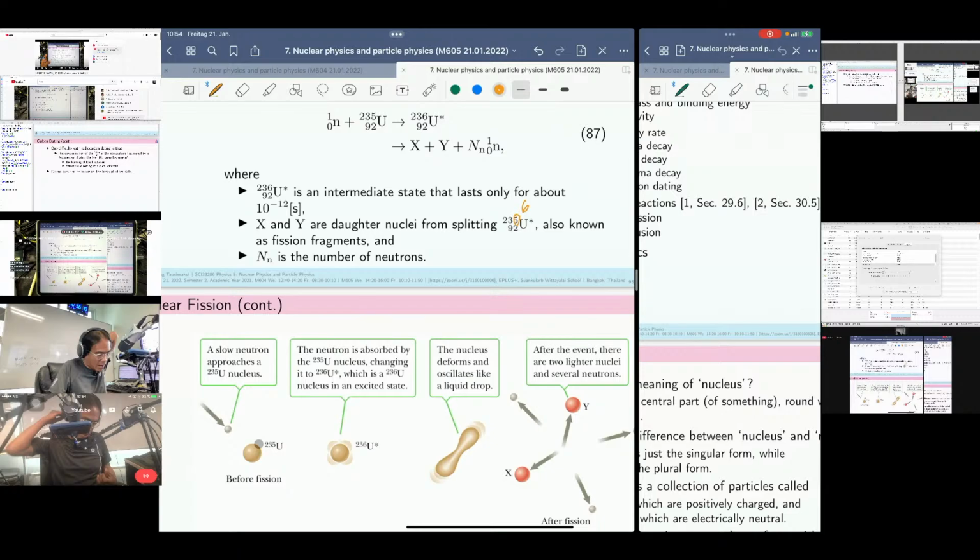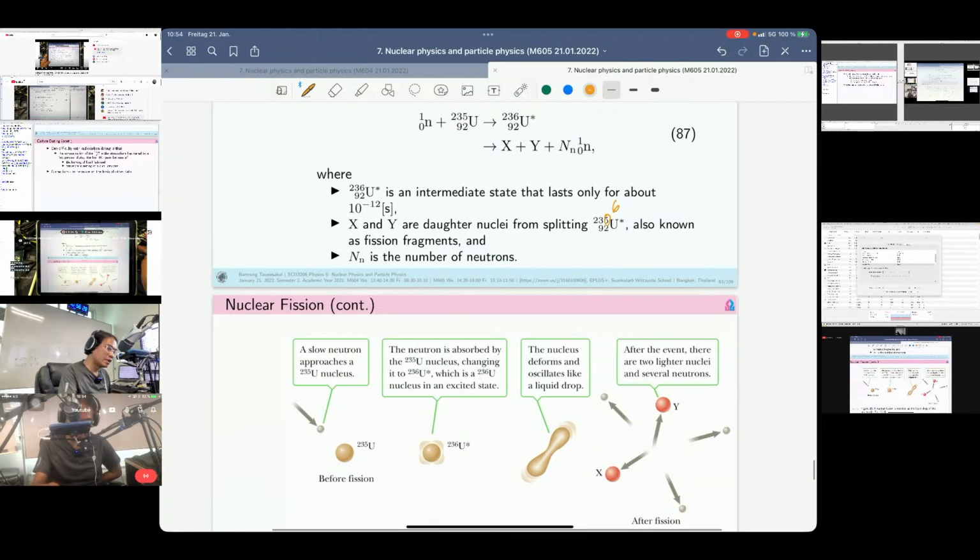The neutron is absorbed and just stays inside the nucleus. It becomes uranium-236 with a star, which means it remains in the excited state.